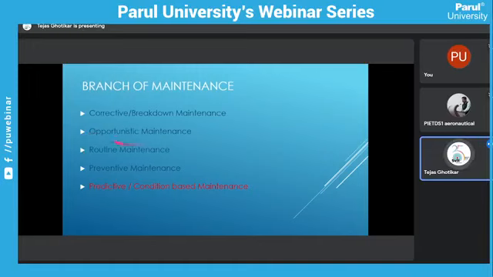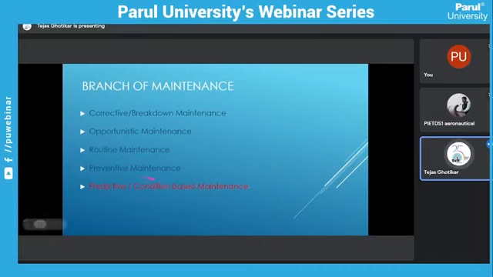Then there is routine maintenance. In a vehicle, at every 10,000 kilometers we need to change the engine oil. So that's routine maintenance. Or in a machine we need to apply grease at regular intervals, right? Then we have preventive maintenance, which is to prevent a failure.